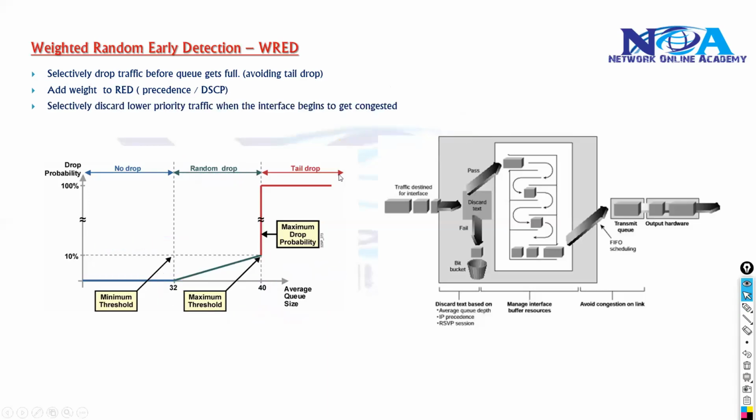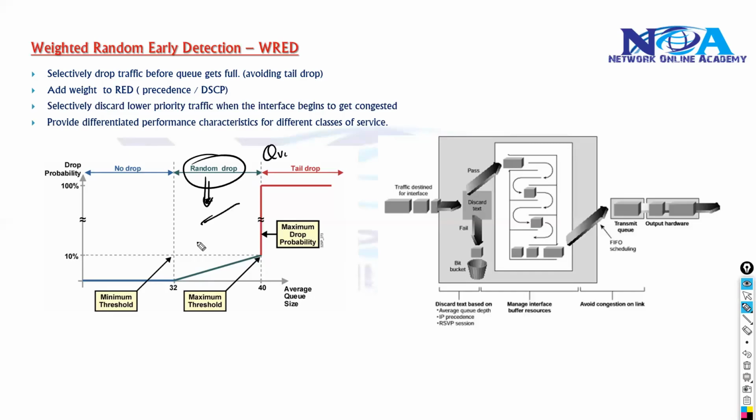It is going to work selectively, where the low priority traffic, nothing but the low marking traffic, will be dropped if there is any congestion, and automatically it is going to give priority to high priority traffic. So it will do random drop if there is congestion, but before the queue becomes full, it will do random drop based on the priority markings.